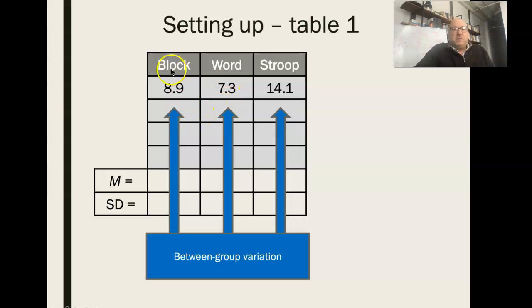Was there maybe a little bit more lag in the network when I was timing Maddie versus Vanessa? We don't really know because I've only got a sample of 1 in each. So before I can say block is 8.9 seconds in the population and word is 7.3, I need to have a bigger sample.